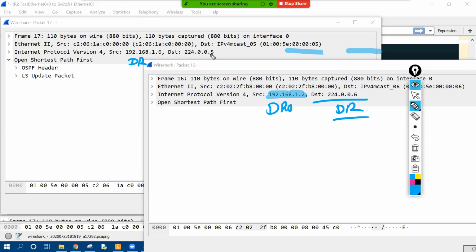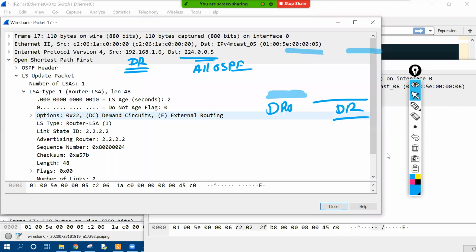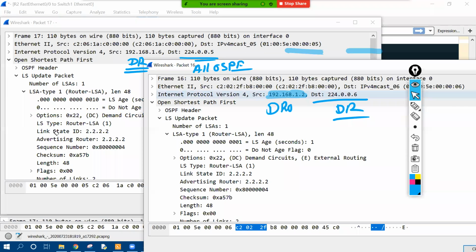It will send this packet to all OSPF routers. Is it the same information, right? If you see the LS update packet, if you open this, it's the same information, nothing is different. It just changed the source, right?